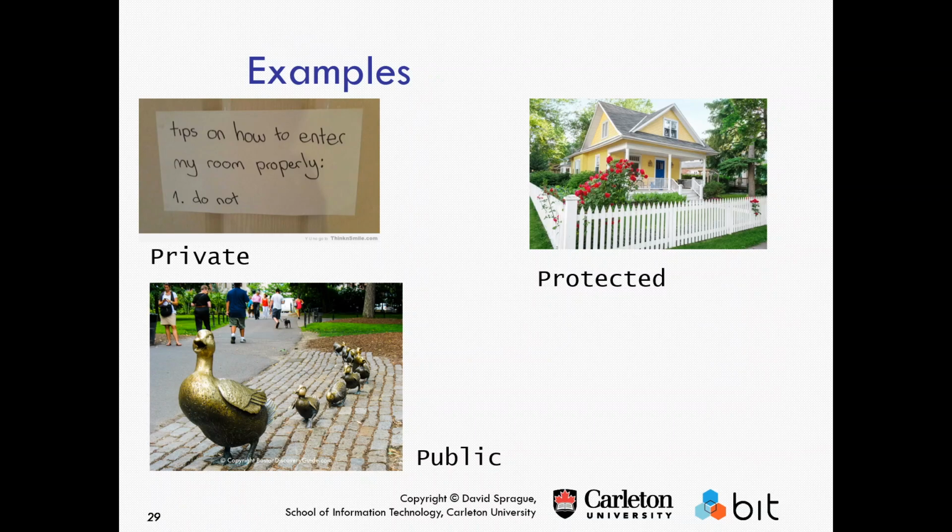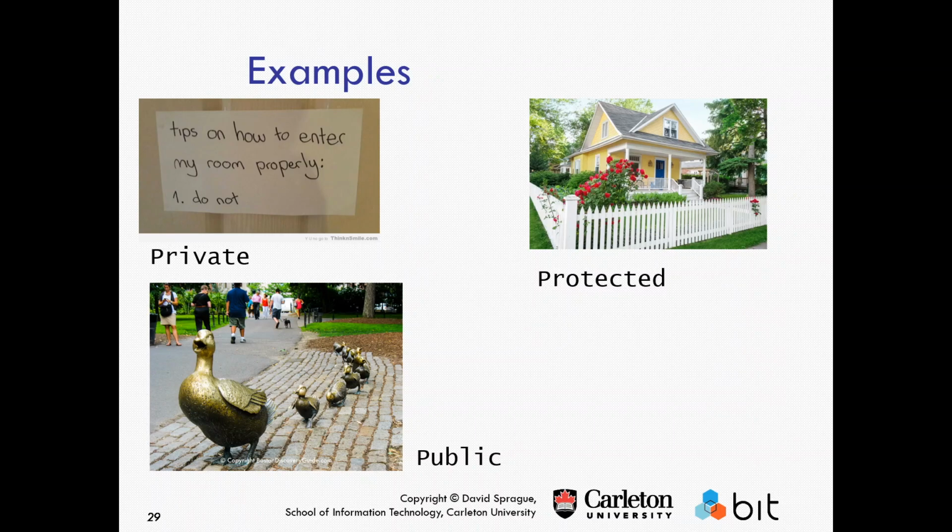A protected method says myself or my child classes, things that extend from me, know about this data or these functions, but not other people. It's only for people in my family. That's what protected means. It's one way of looking at it.